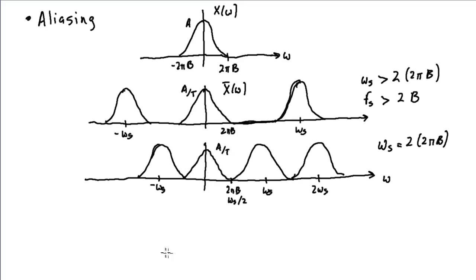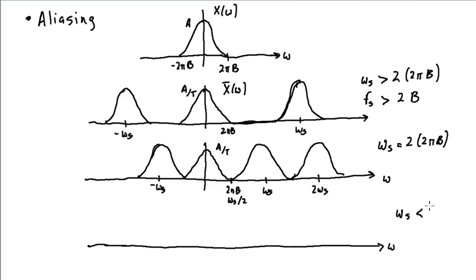Okay. And then I want to draw one more picture, for the case where omega s is actually less than 2 pi B. And so now I'm violating the Nyquist criteria. I'm going to draw in the individual spectra as just dashed lines here first.